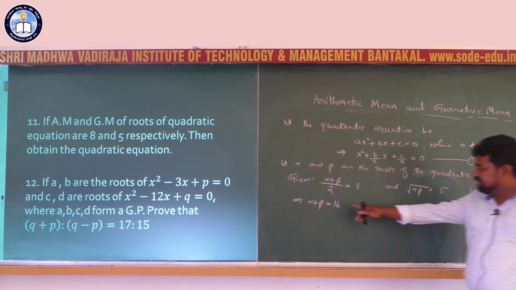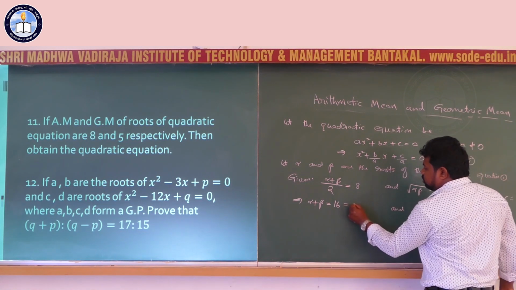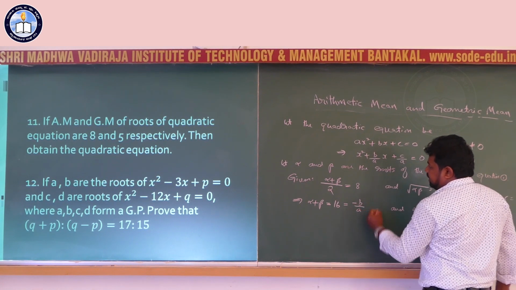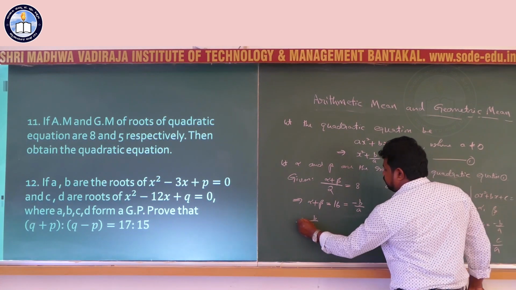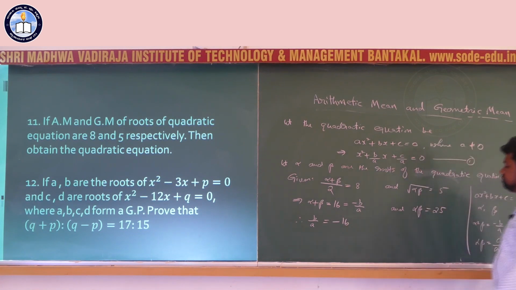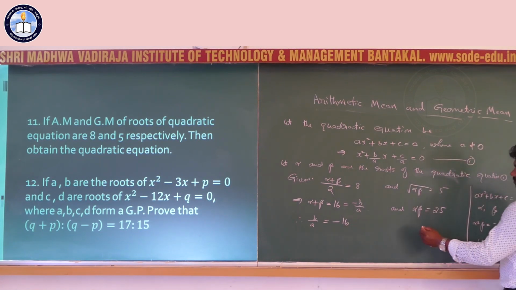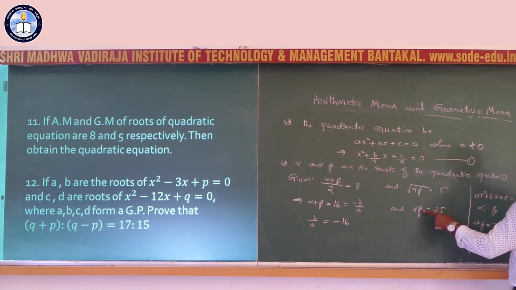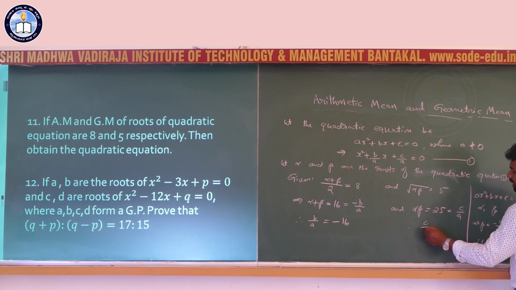Here alpha plus beta equal to 16, that is equal to minus b by a, therefore b by a equal to minus 16. Here alpha into beta equal to c by a, therefore c by a equal to 25.